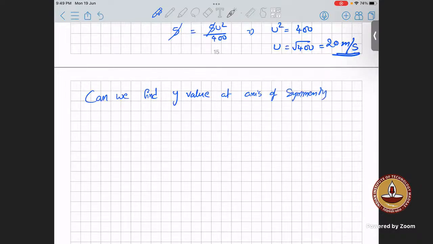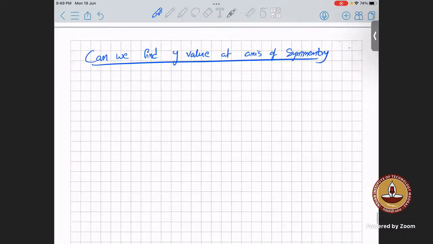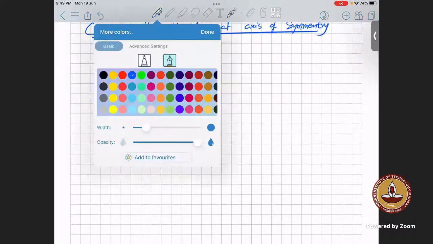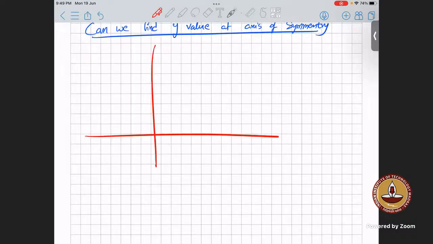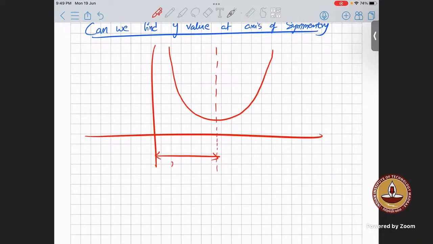Look, listen to this very carefully. The question itself is somewhat wrong, but very little explanation is required. Look, axis of symmetry is x equal to minus b by 2a. You need not find y value because y can be any value.